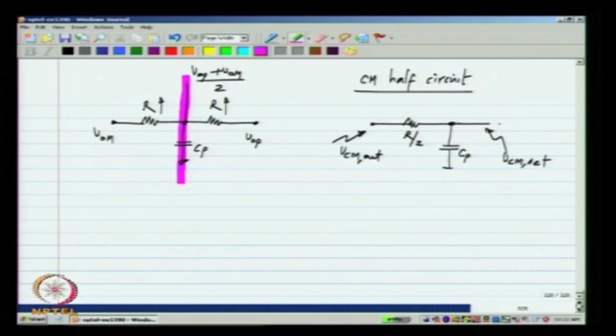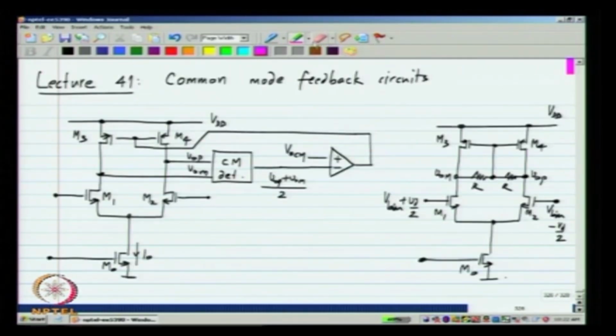Now, when we have this feedback loop, if you have a pole in the common mode detector, that adds to parasitic delay. As we know, any parasitic pole adds to a delay in the feedback loop, and that can make the circuit unstable, that can make this feedback loop unstable. We have not looked at the details of this feedback loop yet, but we will do that soon.